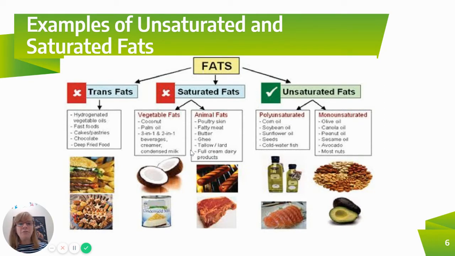Those all fit under saturated fats. Again, limit that amount. Unsaturated fats are liquid at room temperature. So a lot of your oils, your canola oil, olive oil. Yes, I know avocado is not a liquid, and I know most nuts are not, but those still fit into the category of your unsaturated fats.